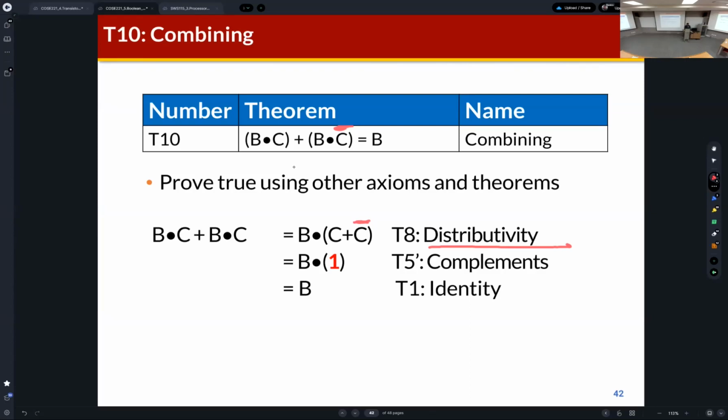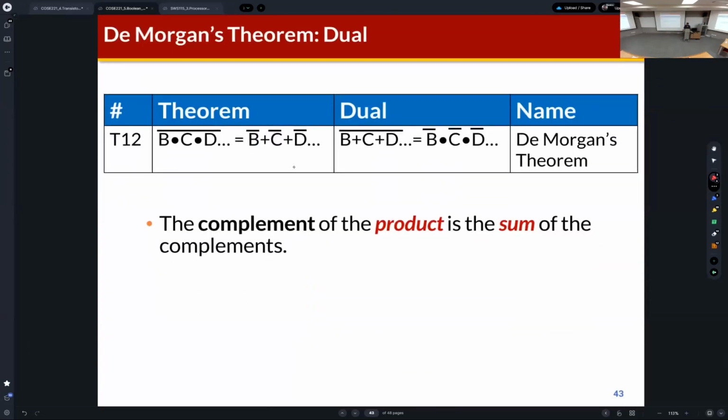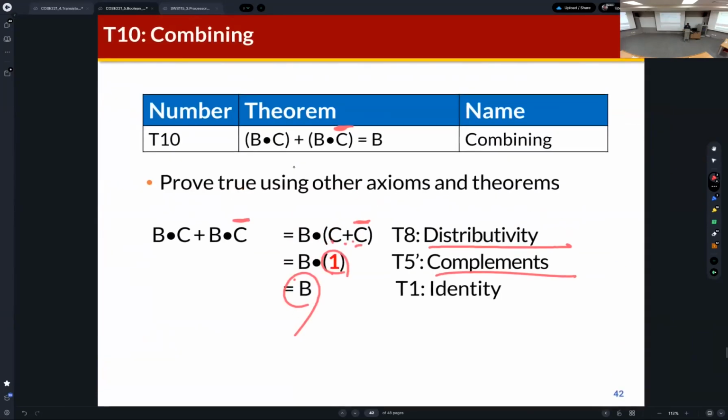The bar is missing, and then C or C bar is equal to 1, by the complements theorem, and then B and 1 equals B. So we can apply the same proof methods for the consensus theorem.